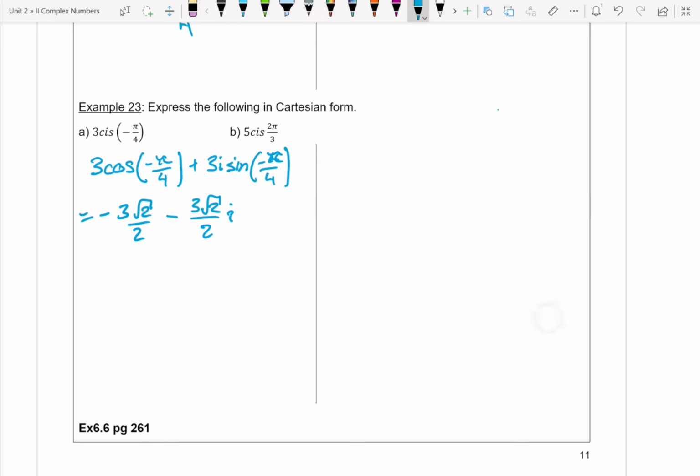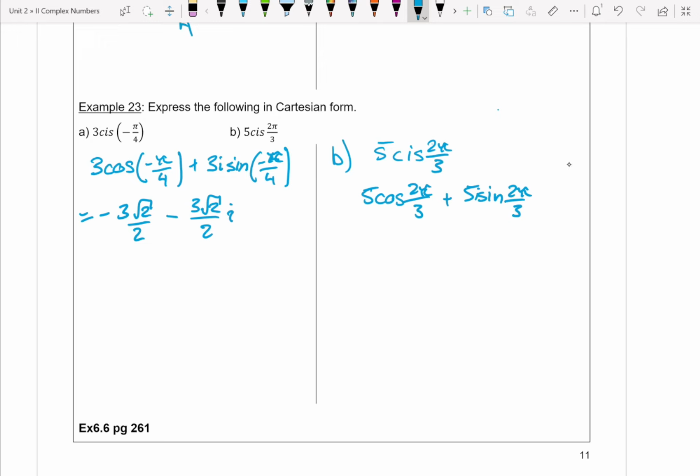Okay, and then last one, part B, 5 cis 2 pi on 3, that gives us 5 cosine 2 pi on 3 plus 5i sine 2 pi on 3.